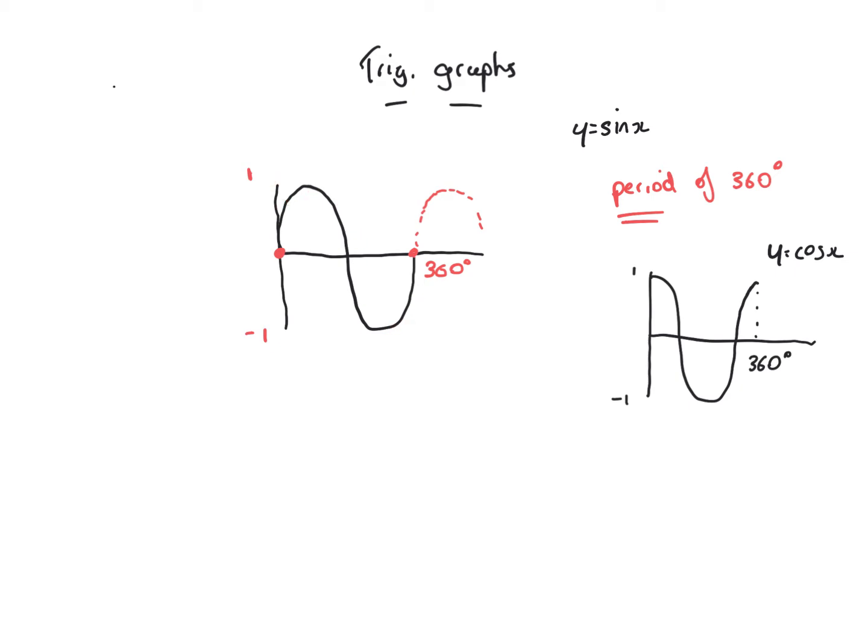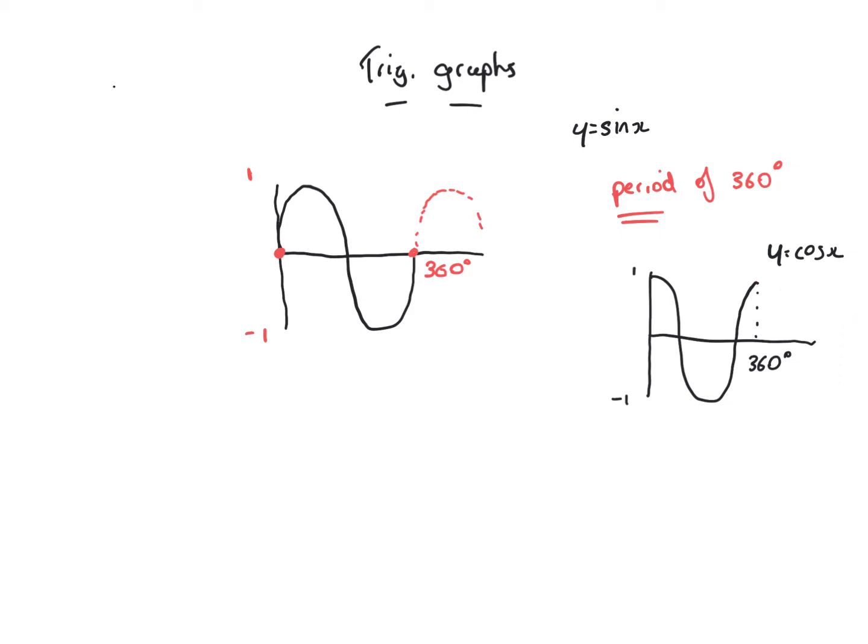It goes up to 1, down to -1. It's got a period of 360 degrees, meaning that after 360 degrees it's going to start to repeat itself. Well, the cosine curve's more got a kind of U shape. It goes up to 1 down to -1, but it's also got a period of 360. So this notion of it starting and then dropping, that starts to happen again at 360 degrees.